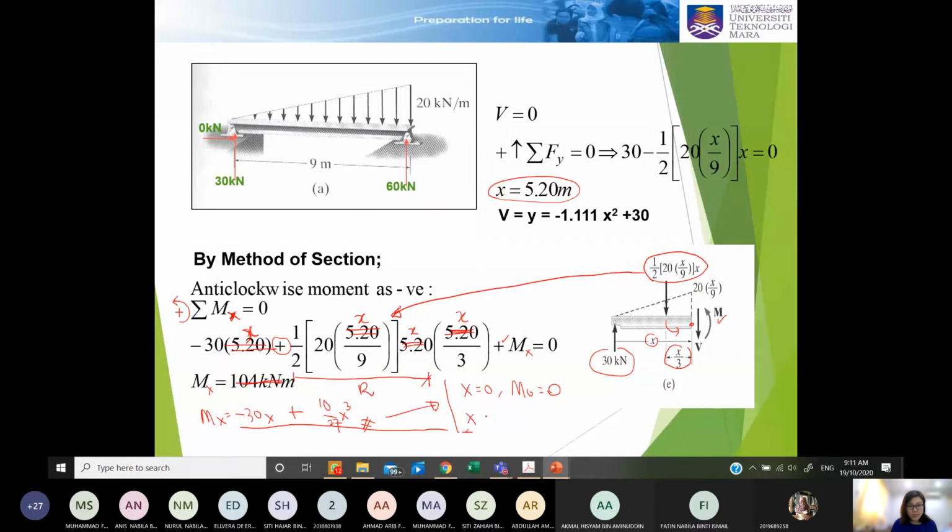When x equal to 9, 0. Yes, 0. So this is very true.